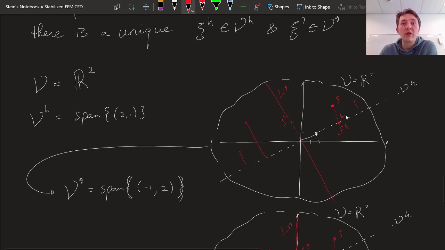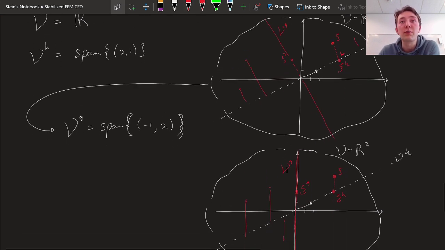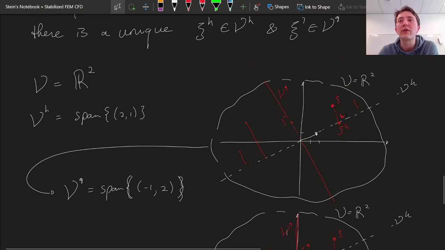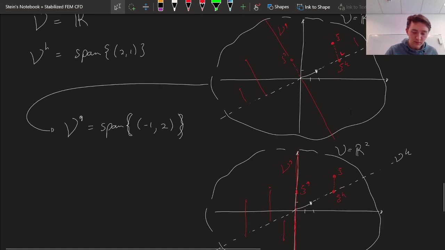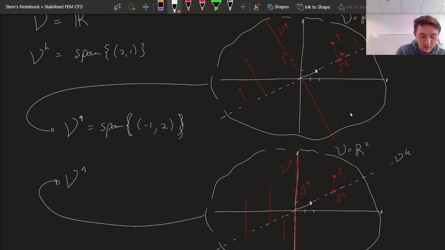So we see that we have different choices of fine scale spaces, and these choices correspond to the way that we define a coarse scale function or a coarse scale point for any given point in the complete space. So in the second case we have V prime as the span of, well, actually just the y-axis, right? So 0, 1.